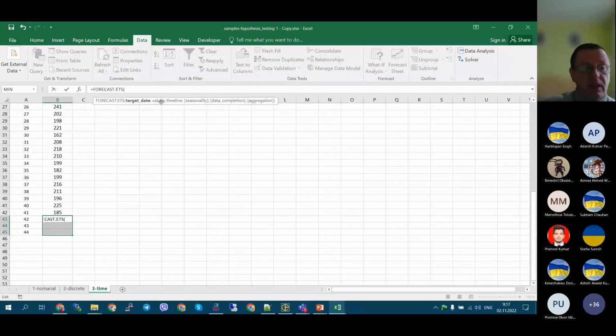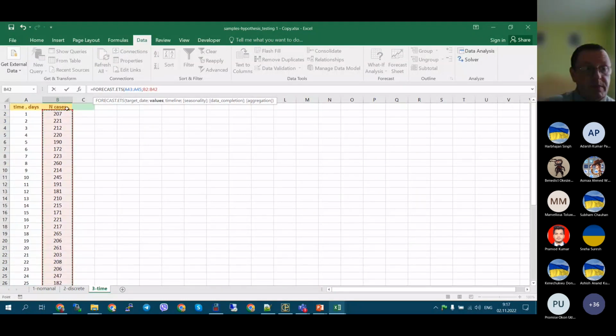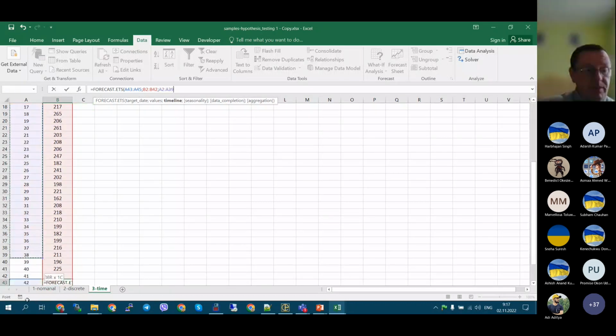So I will use the forecast function, and here will be my target dates, the next series, and I have to use values, which are my observations. Then my timeline is the interval between observations. So here are not exact dates, just intervals between observations.